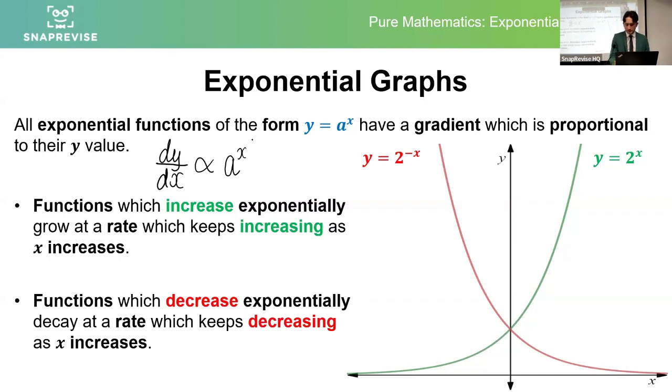So some key things, they all go through the coordinate (0, 1), unless transformed. And they get shallower and shallower, because what's happening for negative x is the power is making it a fraction and the denominator is getting bigger. So the actual value is getting smaller and smaller, tending towards 0. So we have an asymptote. And that's the general sort of shape of what's going on.